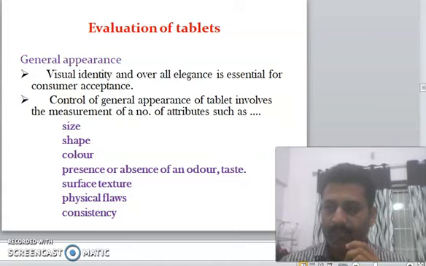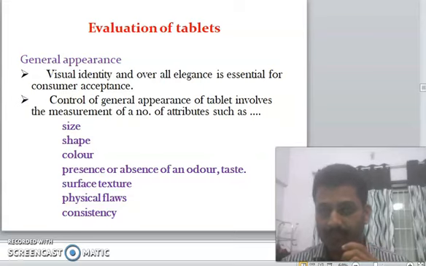For example, during the granulation process, the tests to be conducted are the assay and content uniformity test, and loss on drying has to be conducted.